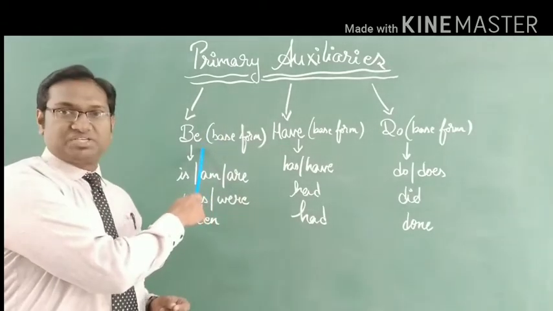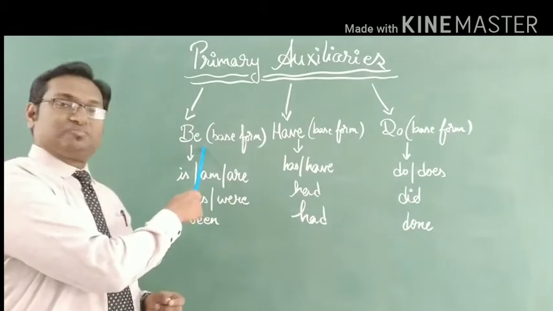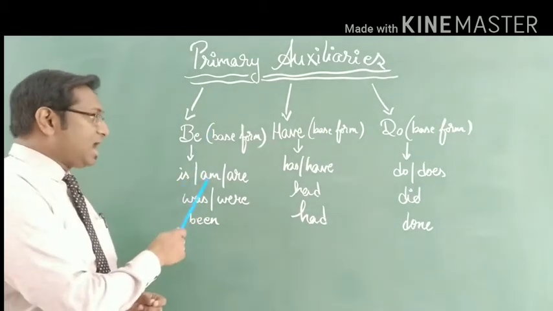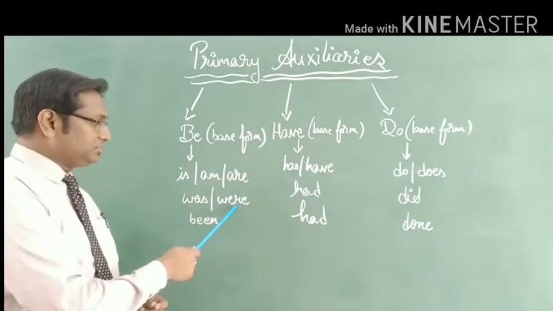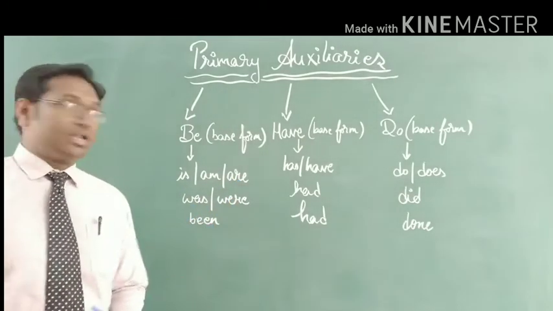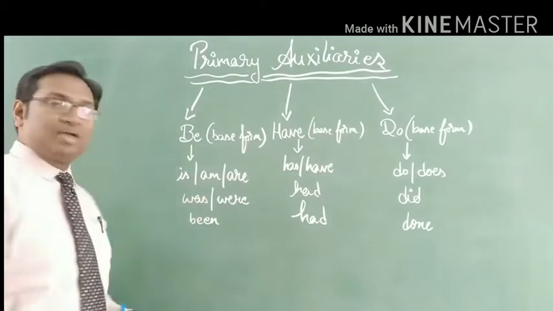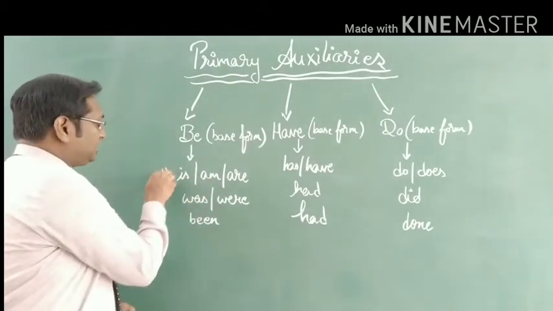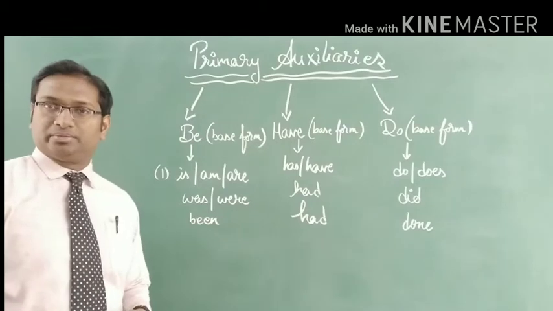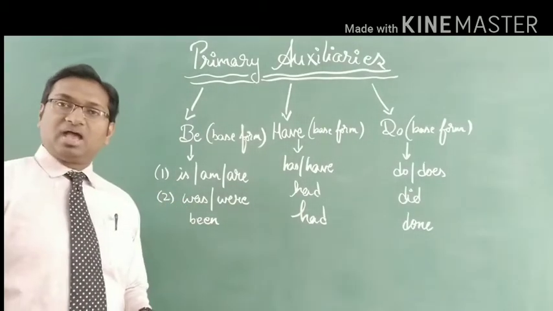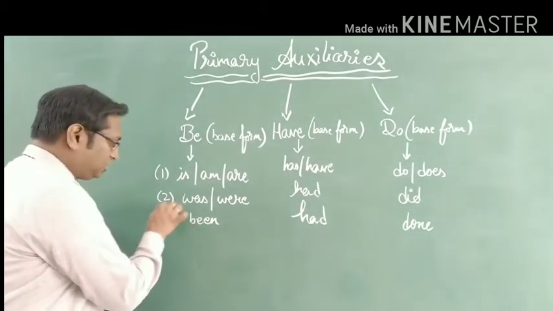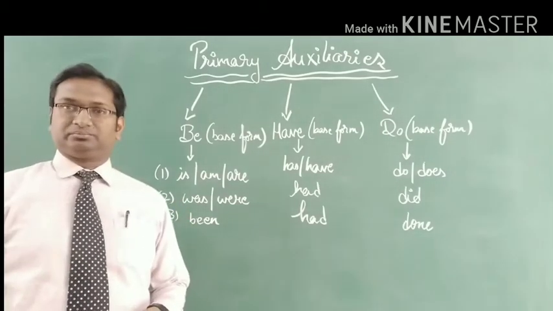Be is your base form and other forms of be are is, am, are, was, were and been. Now over here is, am, are is your first form of verb be. Was, were second form, and been is your third form.